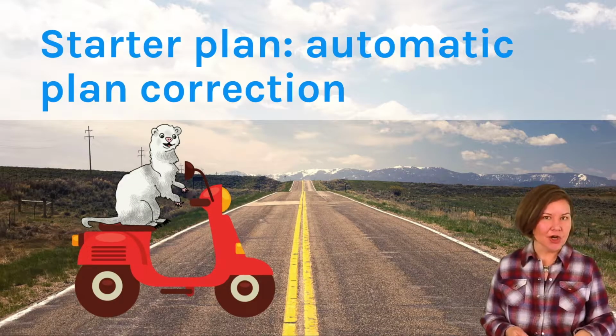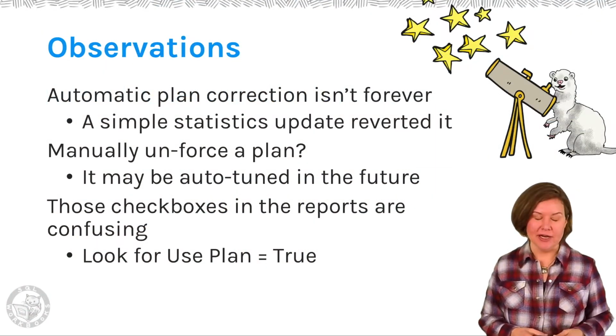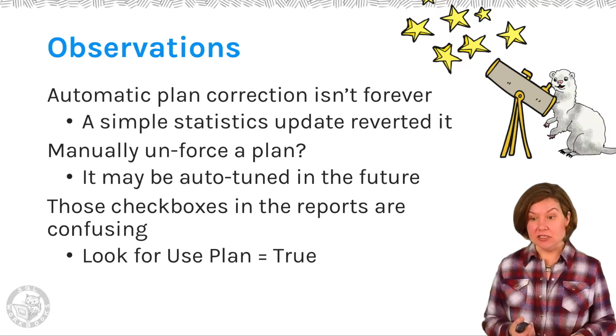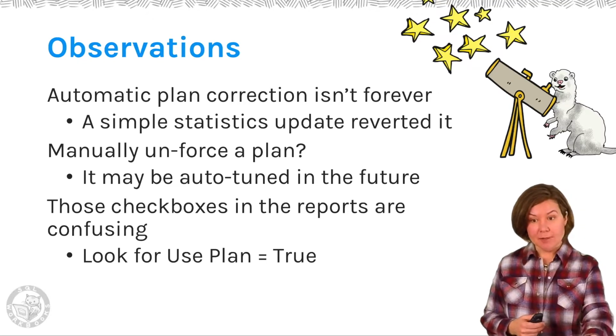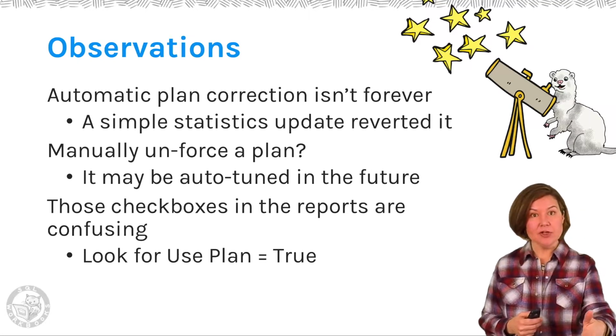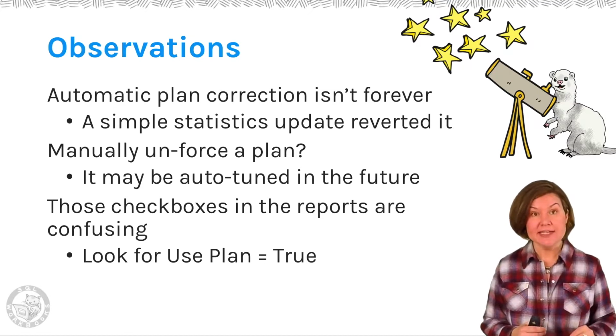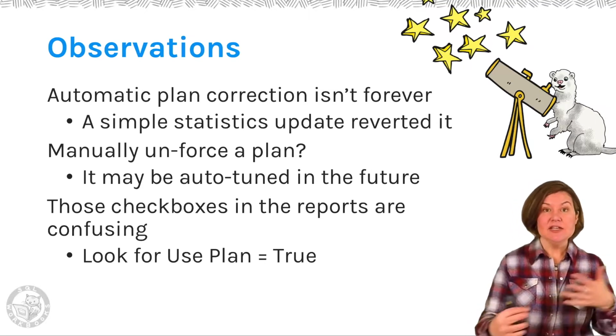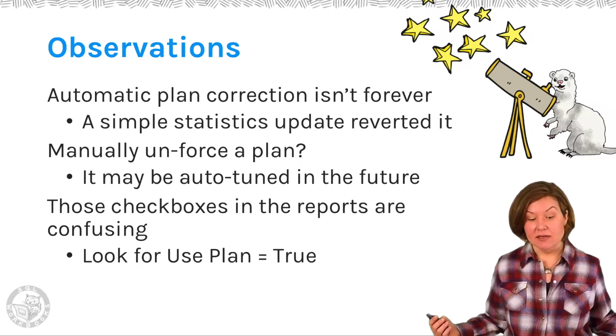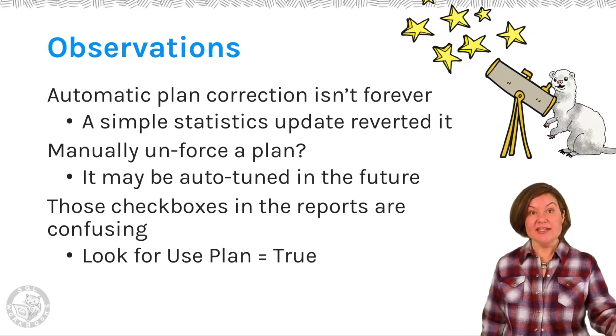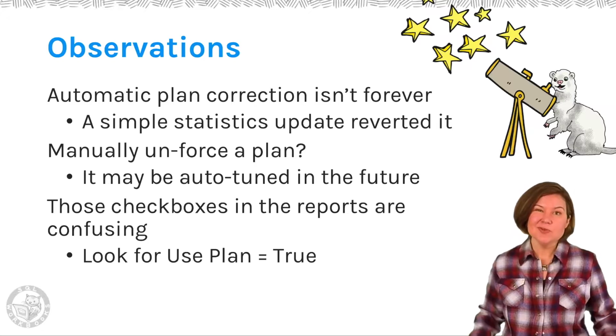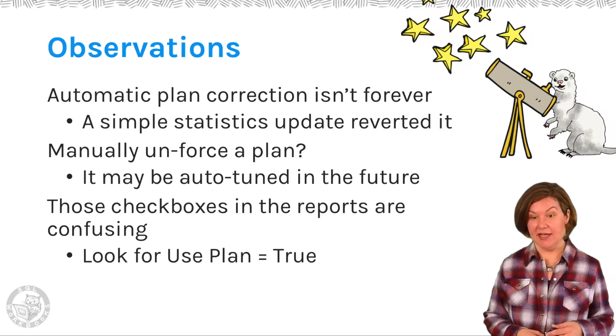Here's my starter pack for automatic plan correction. And the things that go into this are some observations. So as we saw, that automatic plan correction is temporary, and that's for good reason. Maybe data changing means that, hey, we could get something even faster now. This is really a temporary safety net.